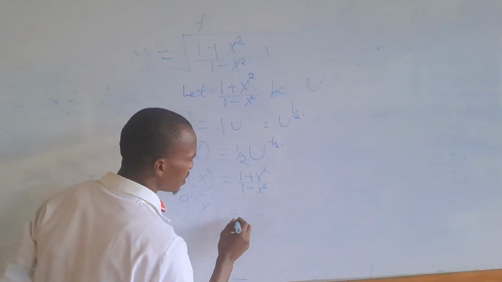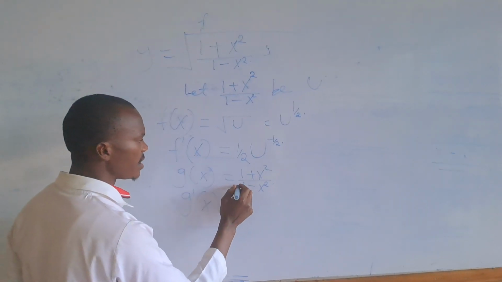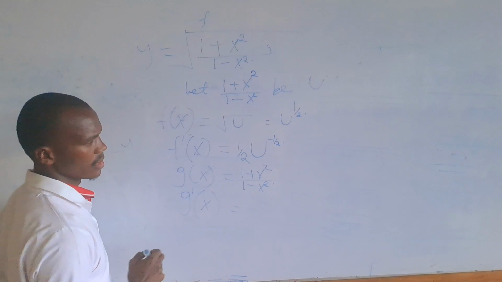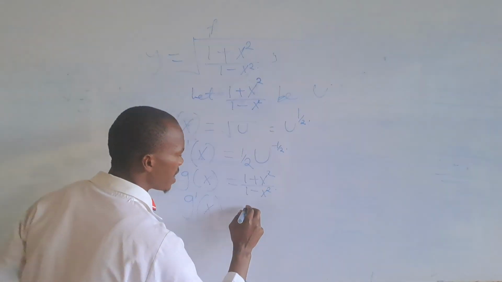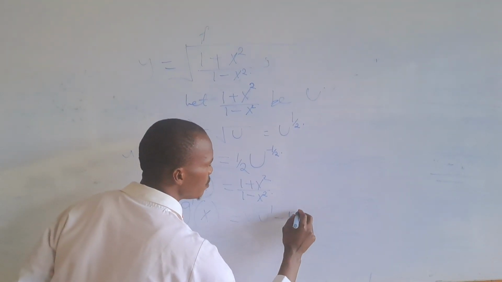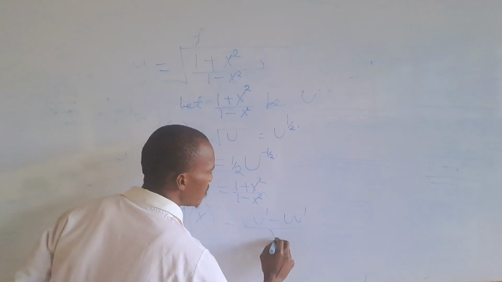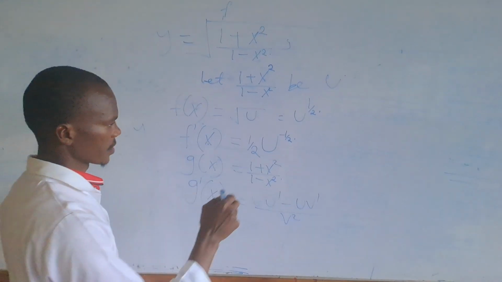So how do we get the derivative of this one? We can use the formula that is vu prime minus uv prime over v squared, which is now the quotient rule.